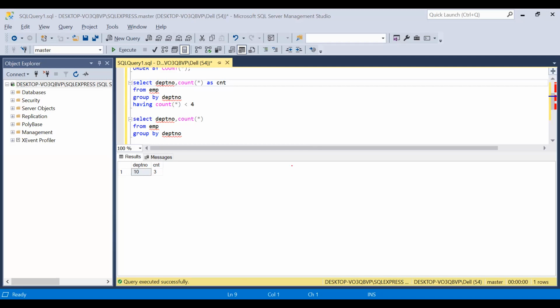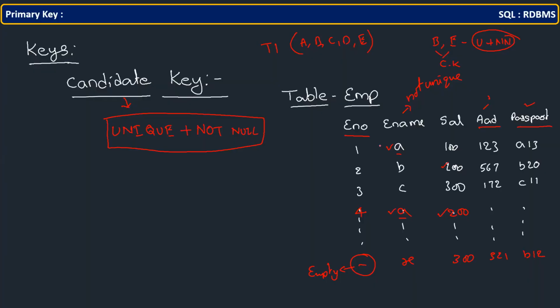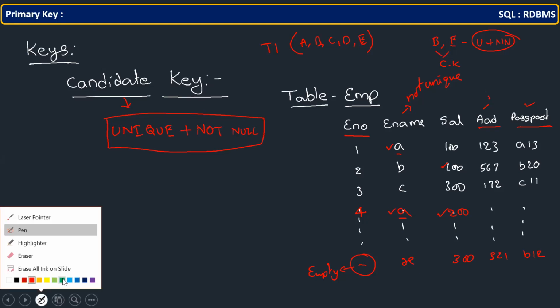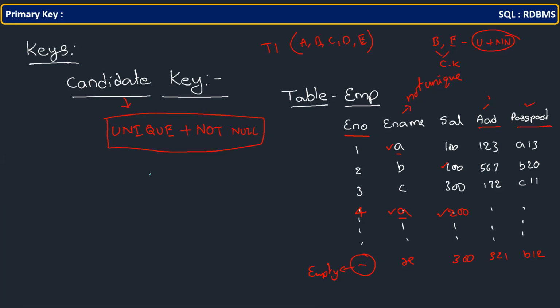Okay. So who are the candidate keys in this CMP table? Tell me now. Data should not be duplicate and empty. So employee number, Aadhaar number, and passport number are the candidate keys.